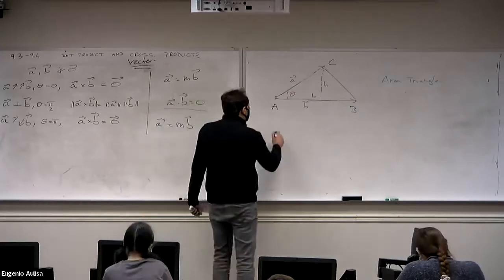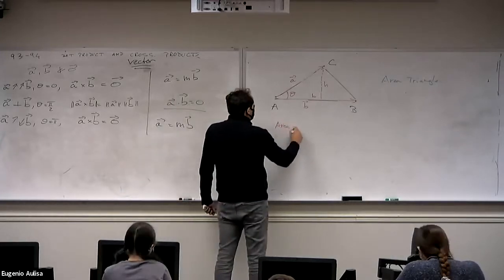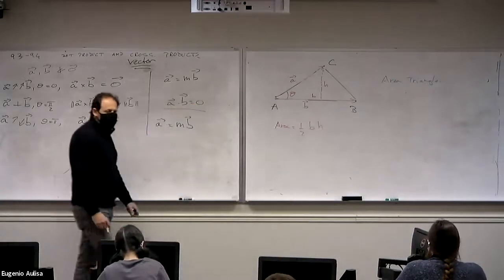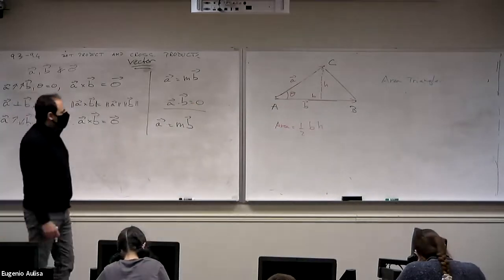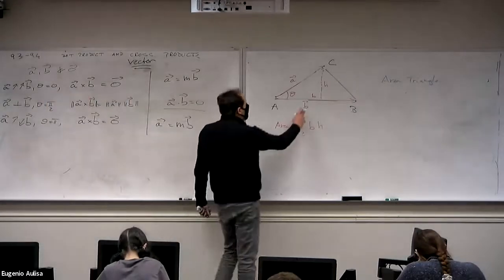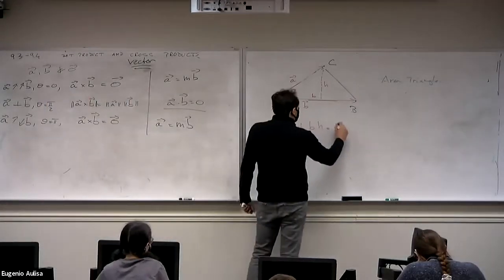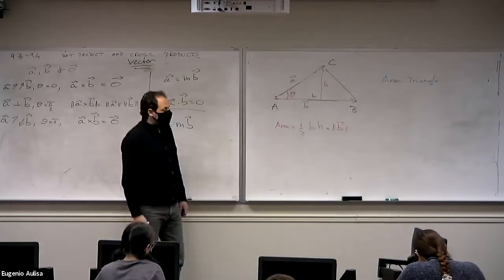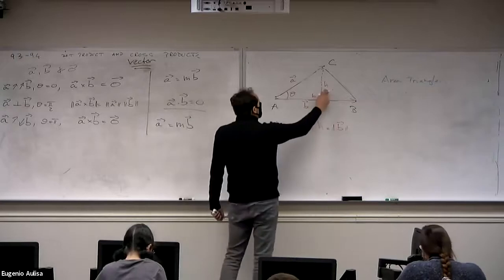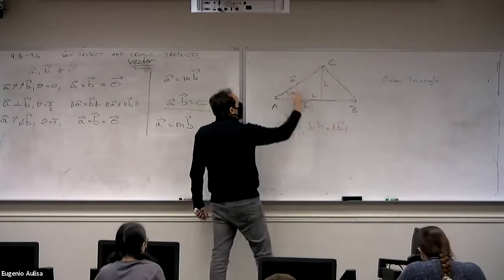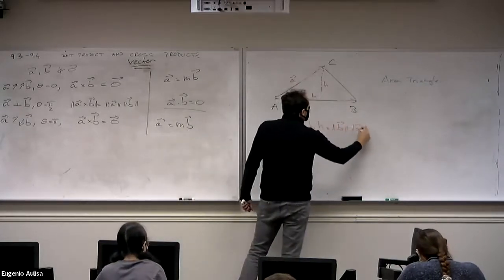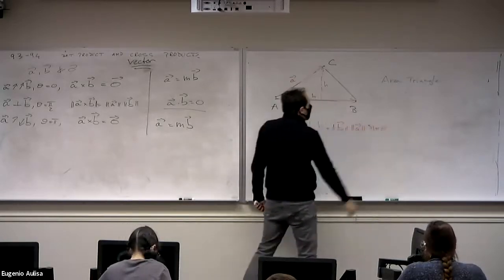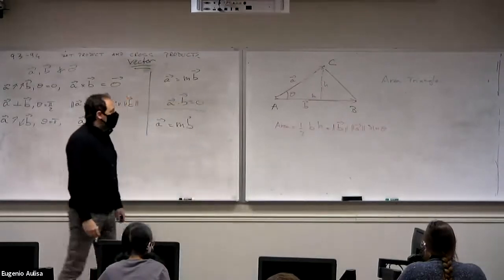We know that the area is going to be 1/2 B times H. Now, what is B? B is the length of the vector B. H, you can think is the length of A times the sine of theta, because that's the right triangle, right?